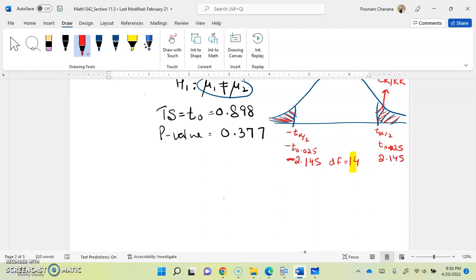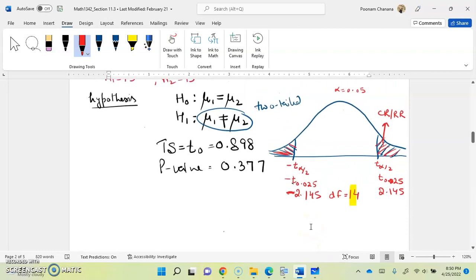Okay, so that is our critical region divider. Let's see where our test statistic lies. Test statistic is 0.898, so it is going to lie somewhere here. That is your test statistic.